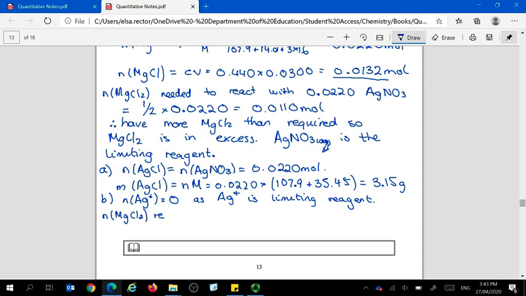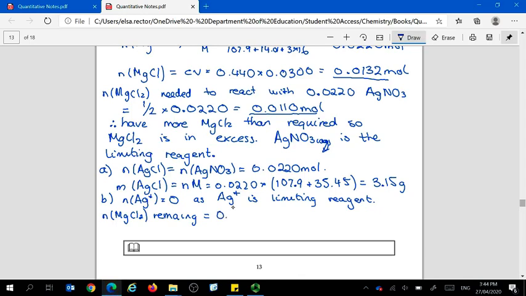So the amount remaining, we discovered that the amount of magnesium chloride that reacts with silver nitrate is this 0.0110 moles, didn't we? And we also know that we started off with 0.0132 moles. So the amount we've got left over is the difference.